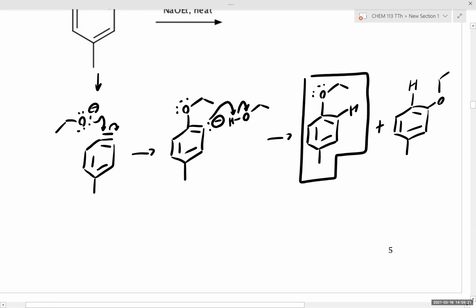So you only observe two regioisomers for benzyne. You can attack at either of two positions on the benzyne intermediate, so you would observe two products going through a benzyne mechanism. Does that make sense?